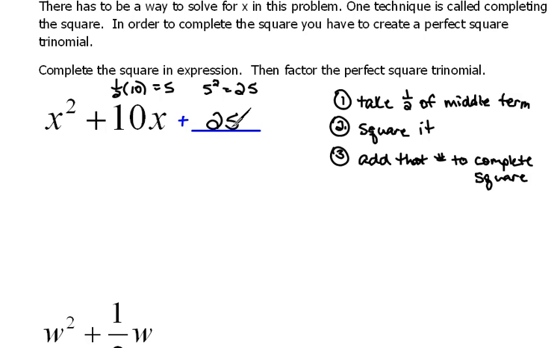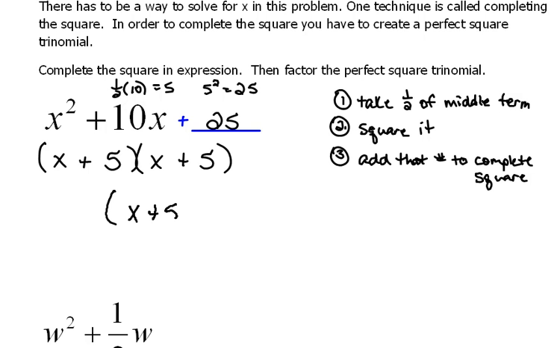Now this creates a perfect square trinomial. What I mean by that is, if we were to try and factor this down, this would factor into x times x. Our 25 would break down into 5 times 5. And if they were both positive, that would give us that 10x in the middle. So actually, we can write this as x plus 5 squared.